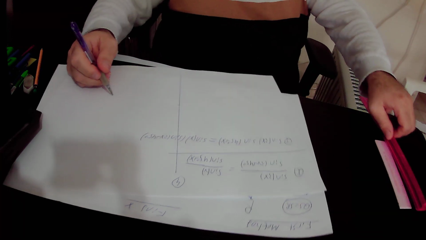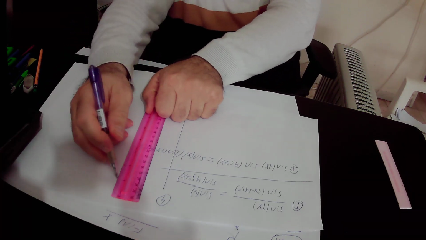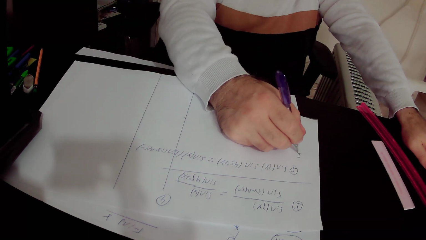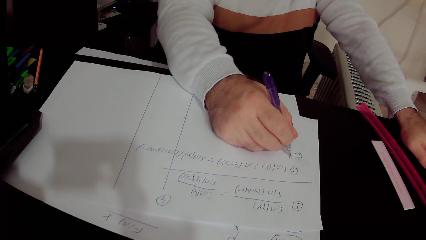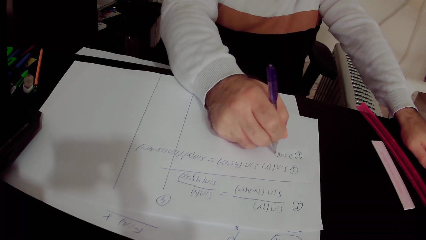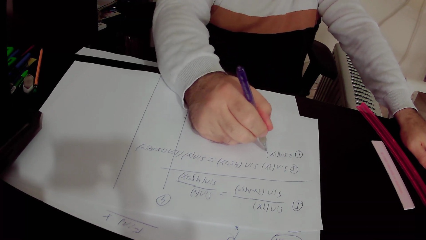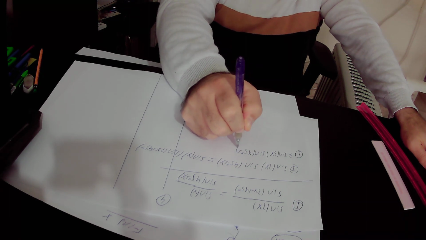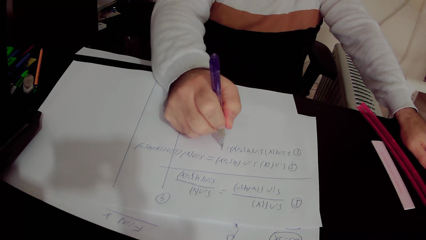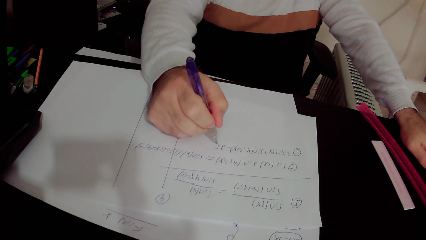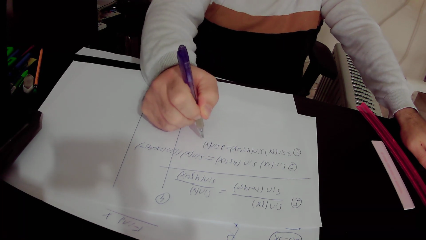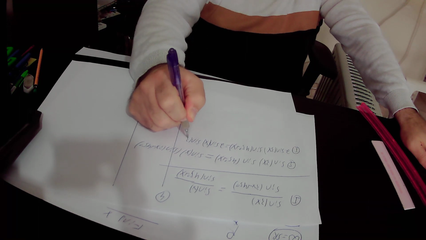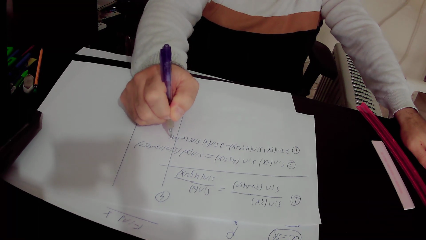So here we will multiply equation number 1 by 2 and we will get that 2 sine 3x sine (45 degrees plus x) equals 2 sine x sine (3x plus 45 degrees).